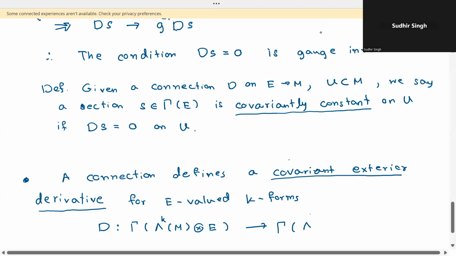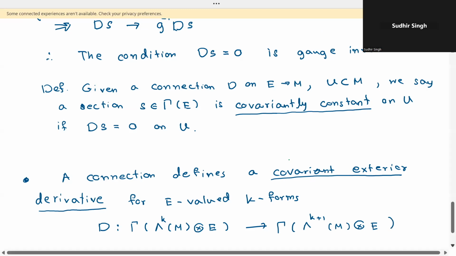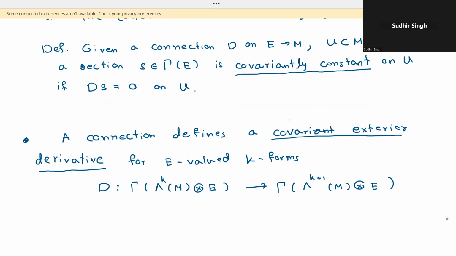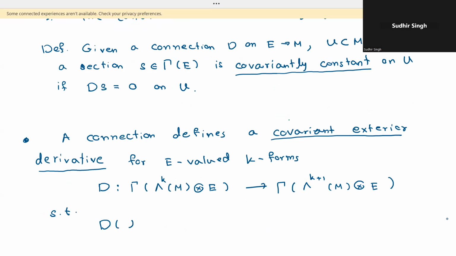So this is k plus 1. So we define the covariant exterior derivative so that it has a property that it satisfies another product rule.